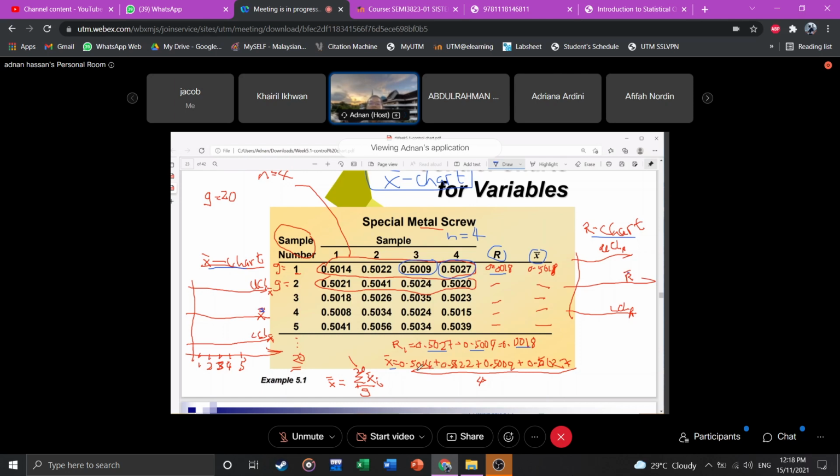Add all this, divide by 4, you get this value. That's X bar number 1. You continue with subgroup number 2. Do the same, get R, get X bar. Number 3, you get R and X bar, and so on, until you finish the 20.